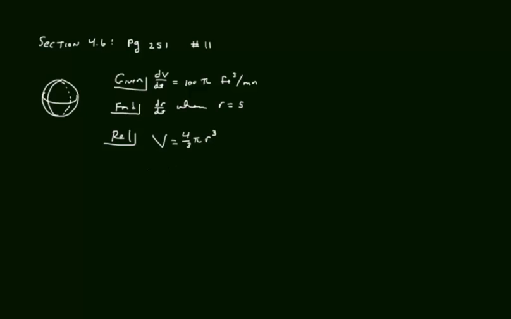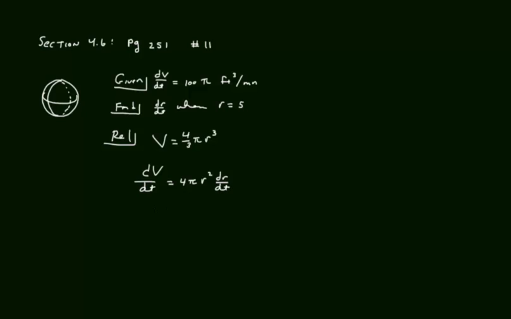Now the 4/3 pi acts as a coefficient, and we take the derivative, so dV/dt equals, if I bring the 3 down, it cancels out with the 3 in the denominator, and I'm left with just 4 pi r squared, because I reduce the exponent by 1, and then times the derivative of the inside, dr/dt.